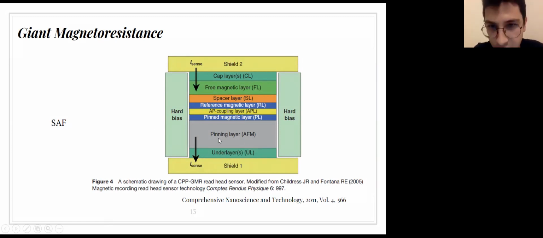Here you can see the pinning layer, antiferromagnet, pinned with a magnetic layer, which causes strong mismatches. Because of that, high coercivity is obtained, so it's difficult to change the orientation in this layer. So we can just call it a fixed layer.